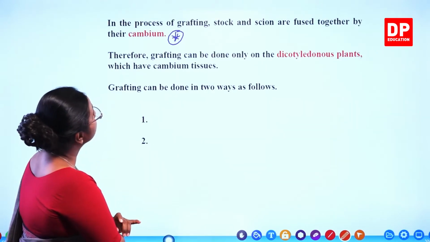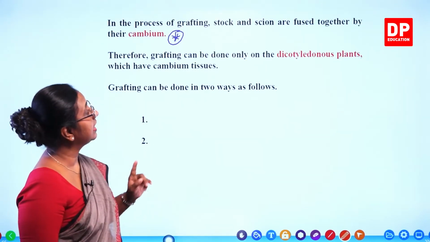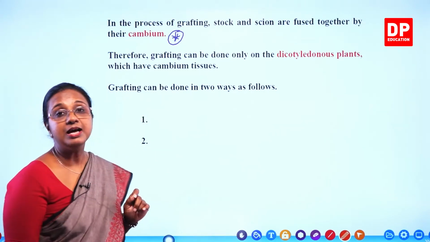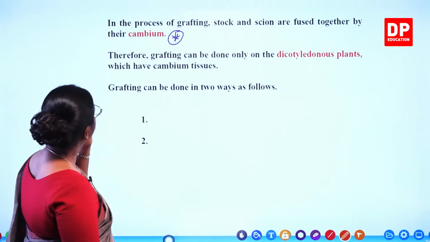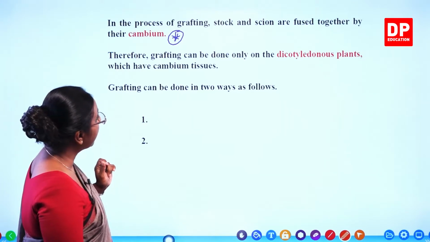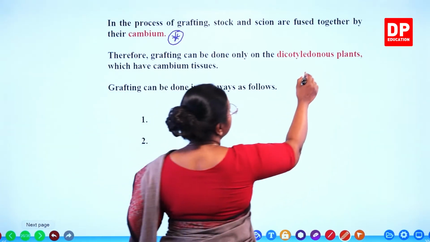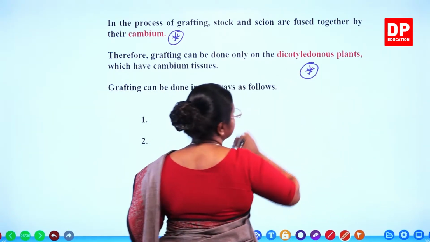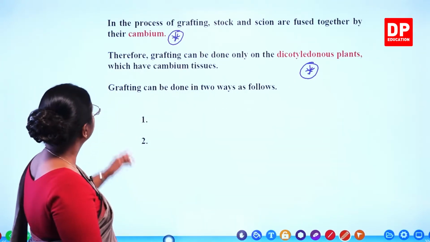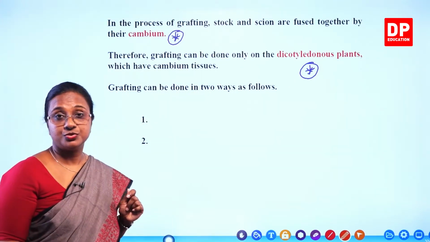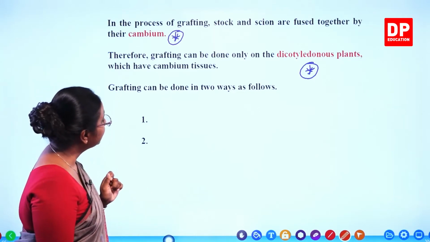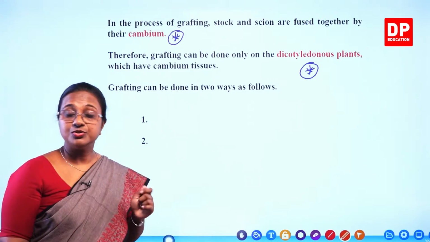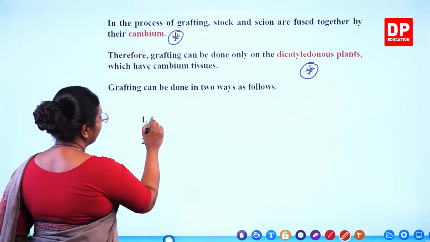In the process of grafting, stalk and scion are fused together by their cambium. Very important. Therefore, grafting can be done only on dicotyledonous plants, which have cambium tissues. That's again very important. Grafting can be done in two ways as follows, as I told you all, based on what we use.